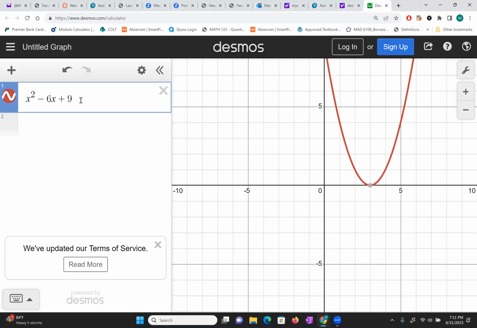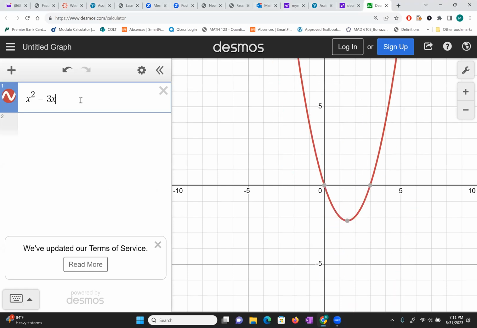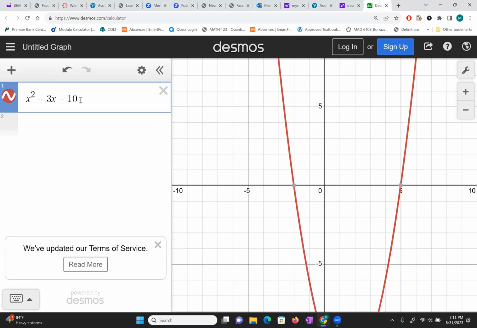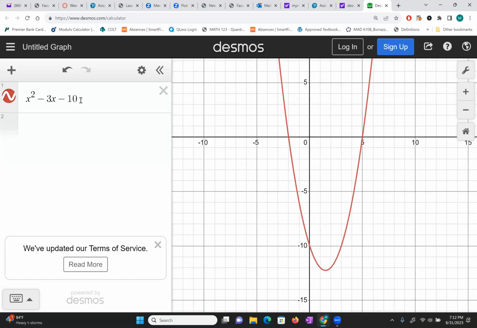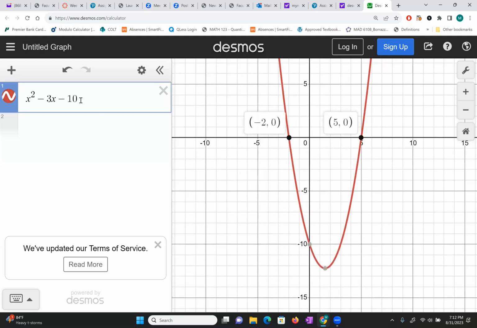So I have x squared minus 3x minus 10 again. What do you notice? Boom and boom. See? Is that connecting for you? Yes. Yeah, it makes sense. All right. So that's how the discriminant plays a role in helping you understand where your diagram is going to sit.